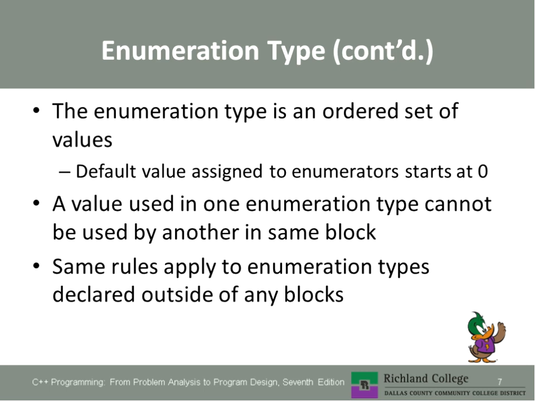The default value assigned to the enumerators starts at 0. A value used in one enumeration type cannot be used in another enumeration type if they are both in the same block. The same rules apply to enumeration types declared outside of any blocks, which are the global enumeration types.